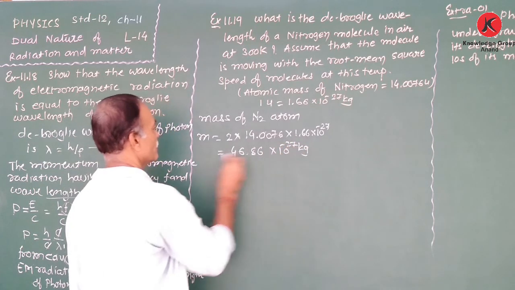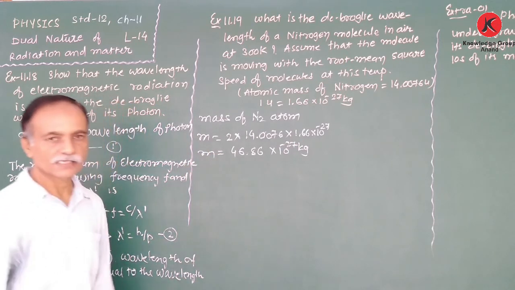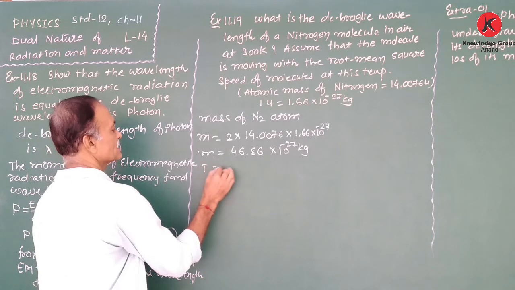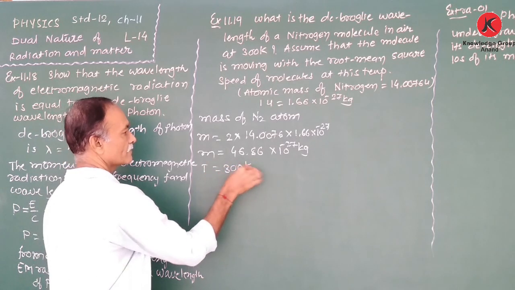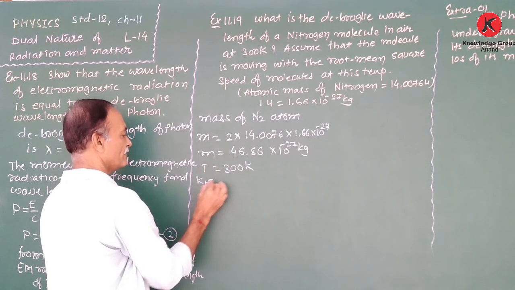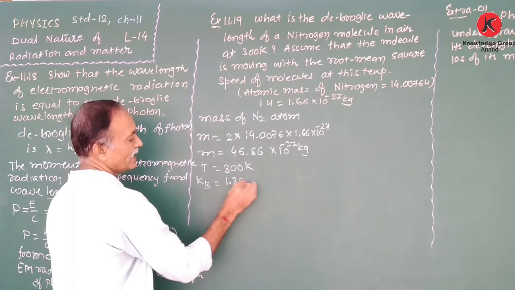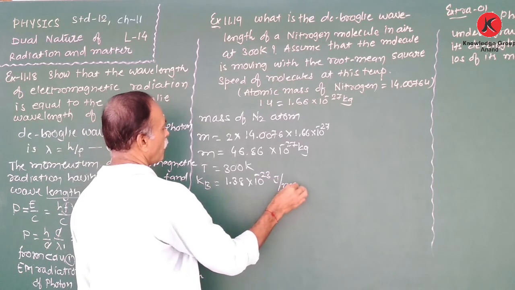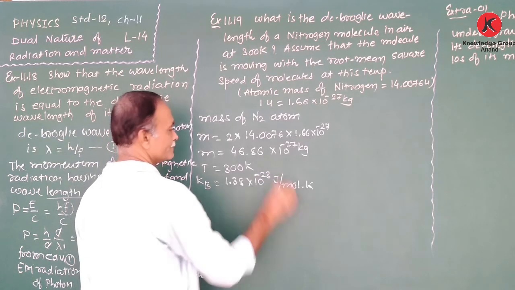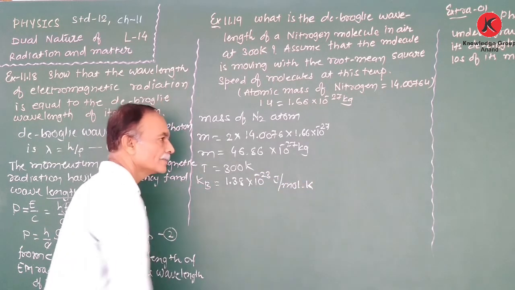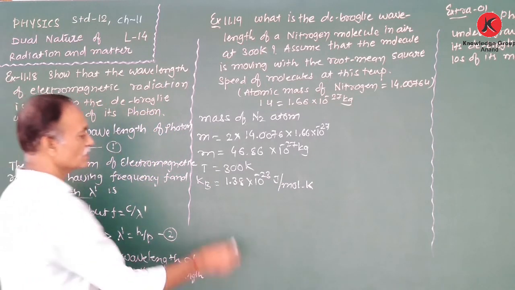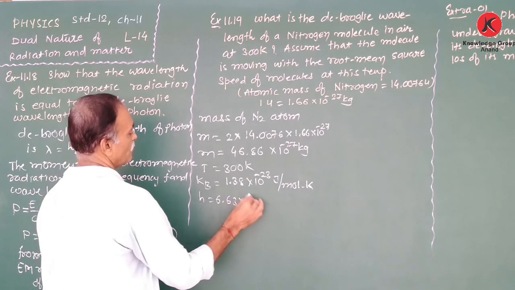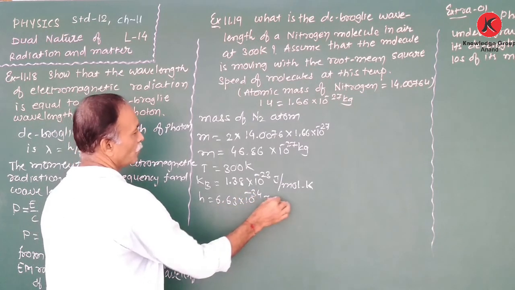Check it, calculate yourself. Right? After that, the temperature T is given as 300 Kelvin. The Boltzmann constant is not given, we require 1.38 into 10 to the power minus 23 joule per Kelvin. And Planck's constant h is equal to 6.63 into 10 to the power minus 34 joule second.